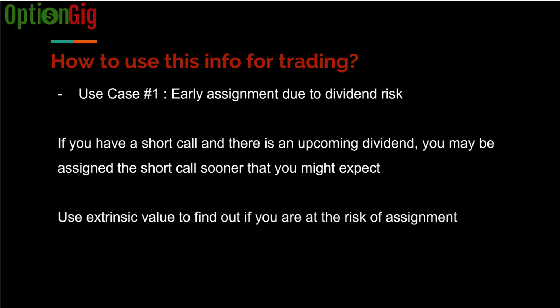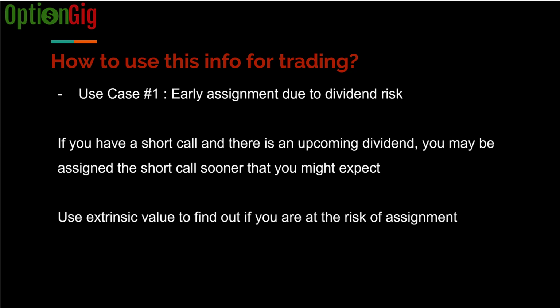But if the dividend is less than the extrinsic premium, in that case, it just doesn't make any sense to call the stock right now and give up more than 50 cents in the extrinsic premium to capture only 50 cents in the dividend.